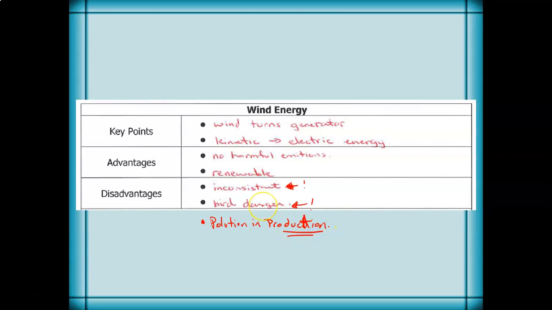Production. Almost spelled that wrong there. That's a T, not a D. These require many very lightweight, high-strength metals that in order to refine them actually carries a large environmental footprint.